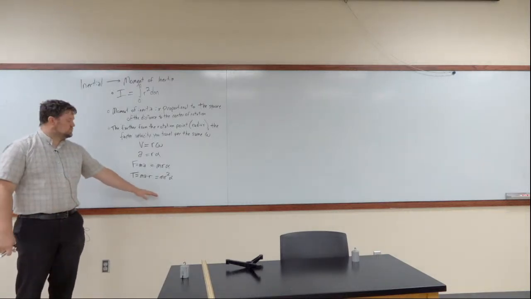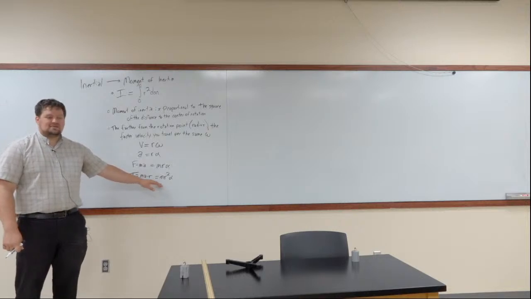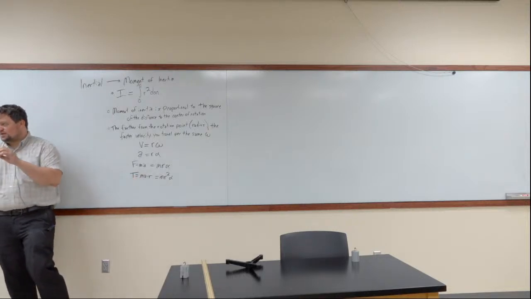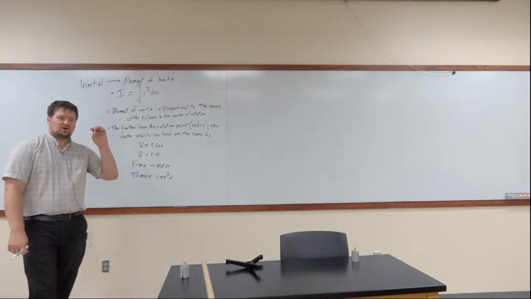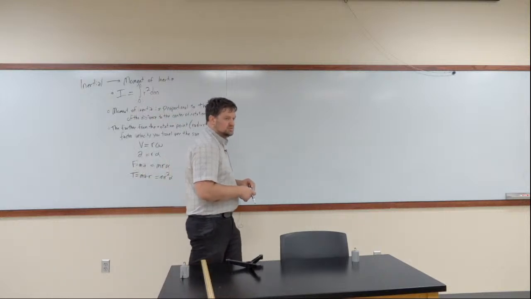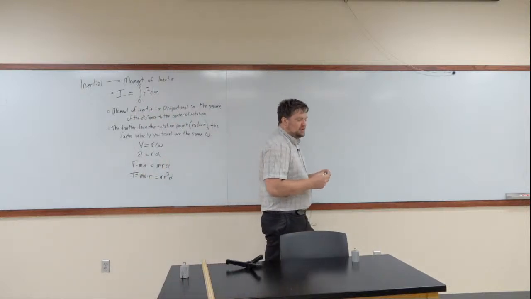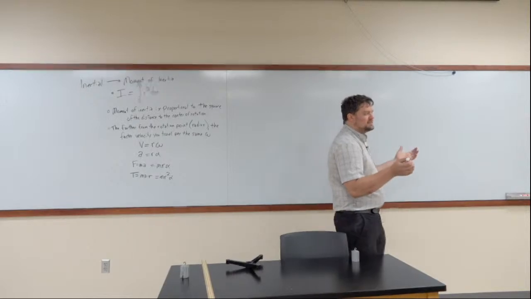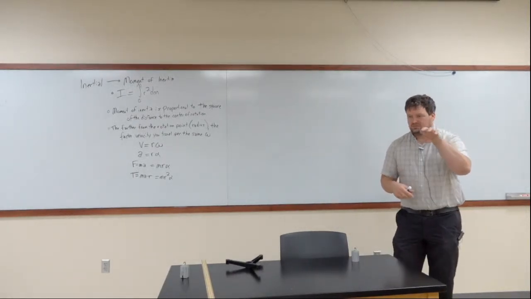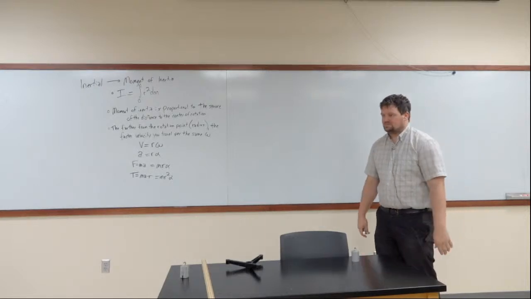Okay? So this is why it does not matter if the center of mass is at a certain point. All that matters is how far each individual mass is away from the center of rotation. If you have a wheel, the center of mass for that wheel is always going to be right in the center. Otherwise, it's an unbalanced wheel.